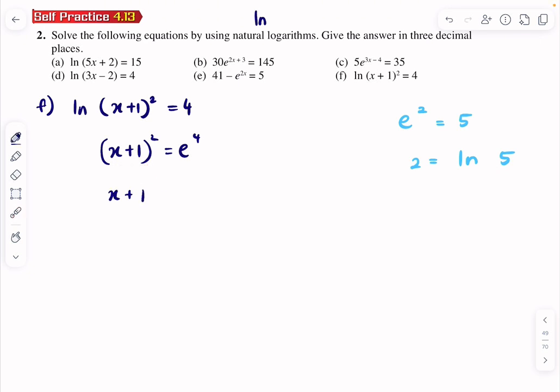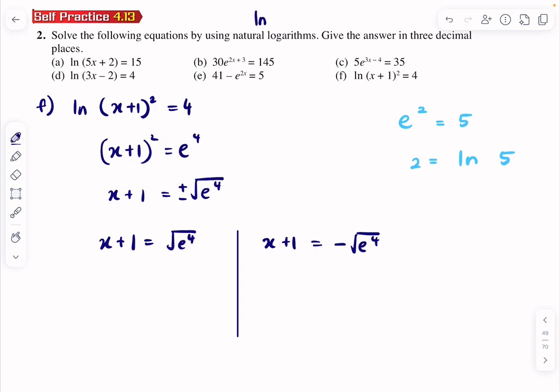So x + 1 is square root of e power 4. But don't forget, square root, you get plus and minus. So we get 2 answers. x + 1 is positive square root of e^4, or x + 1 is negative square root of e^4. So x will be square root of e^4 minus 1, or x will be negative square root of e^4 minus 1.